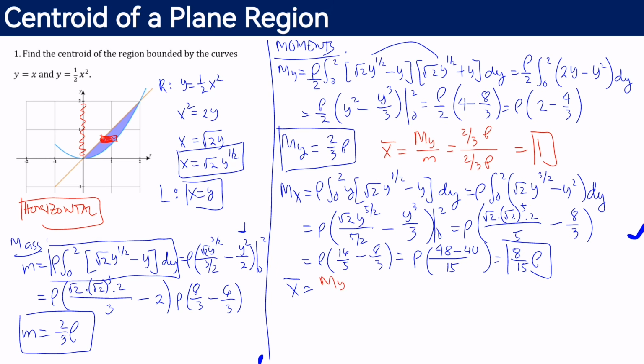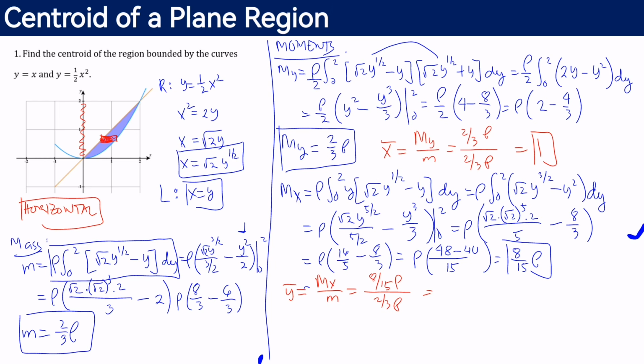So therefore, x bar is just the moment with respect to y. Oh, sorry. We already have x bar. So let's find the y-coordinate of the centroid. So that's the moment with respect to x over m. This is 8 over 15 rho over the mass, which is 2/3 rho.